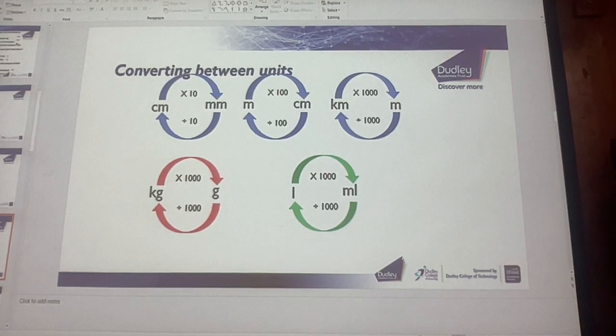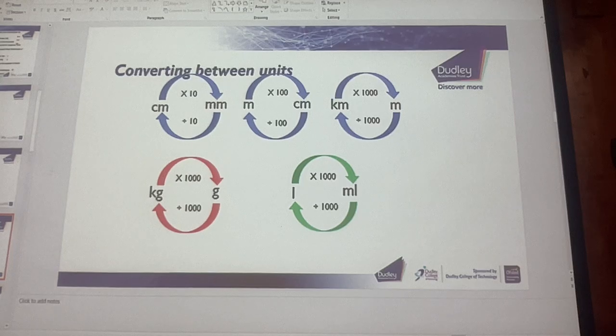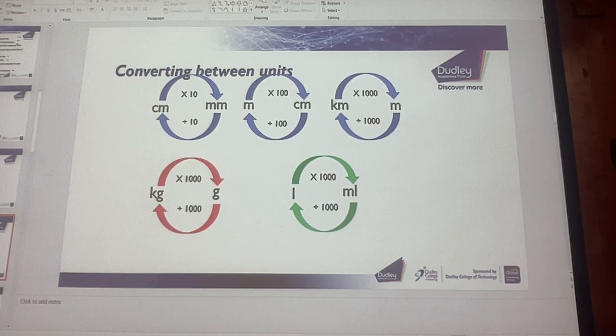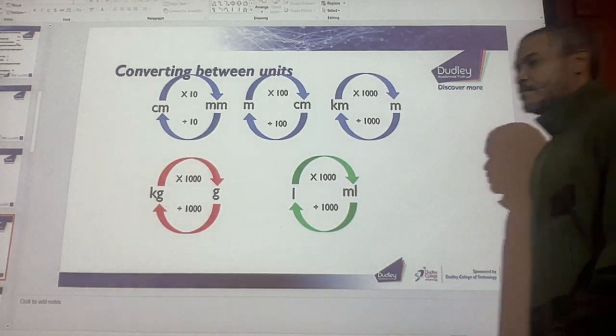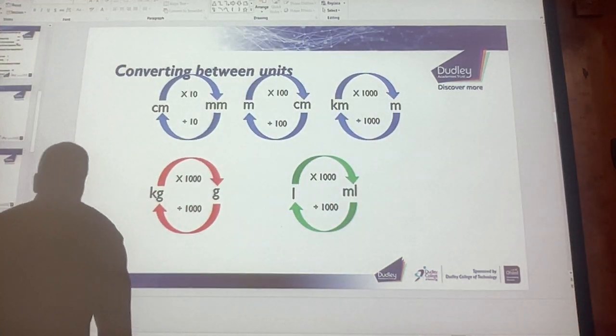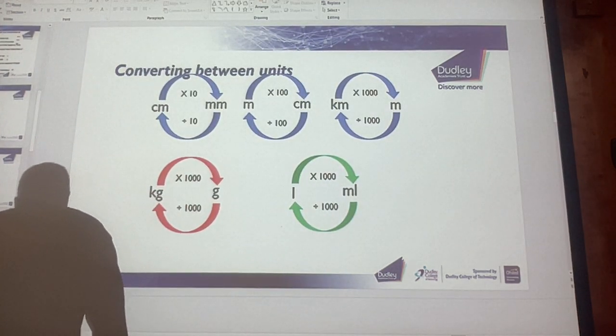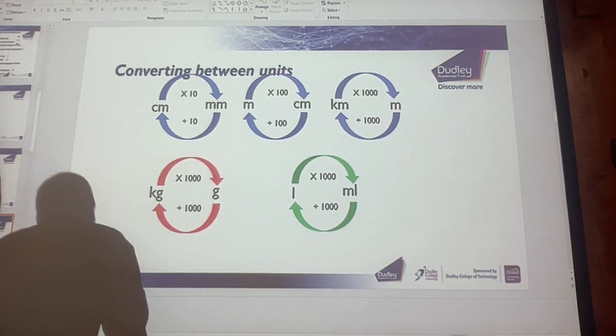Because if I ask you how many millimeters are there in a kilometer, if you don't know that a kilometer is bigger than a millimeter, then you might have some problems with that. Or I might say, how many kilometers are in 10 millimeters?